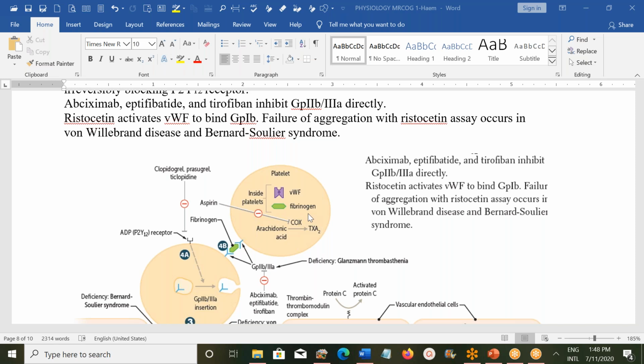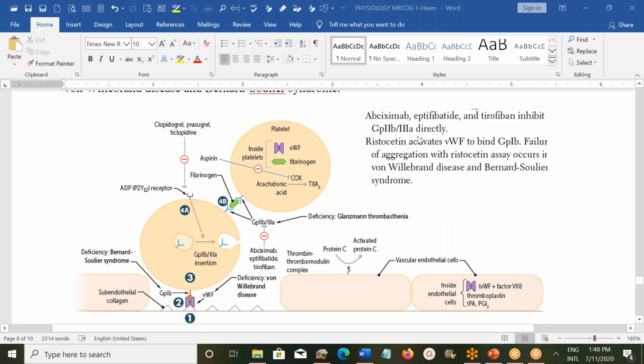Some of these drugs inhibit the coagulation cascade directly. And some, like ristocetin, activate the von Willebrand factor to bind the glycoprotein 1B receptor.